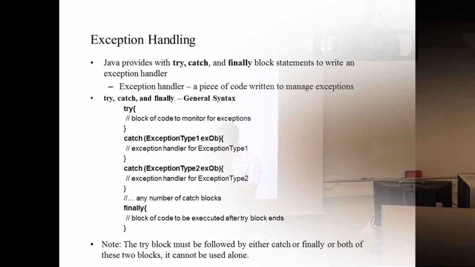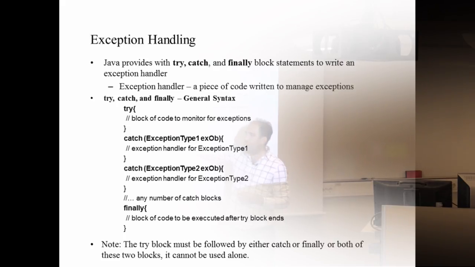And in the end, after putting any number of catch blocks, there is an optional finally block. The finally block is the block of code to be executed after the try block ends. Remember that when you have written a try catch block, an exception may happen or it may not happen.